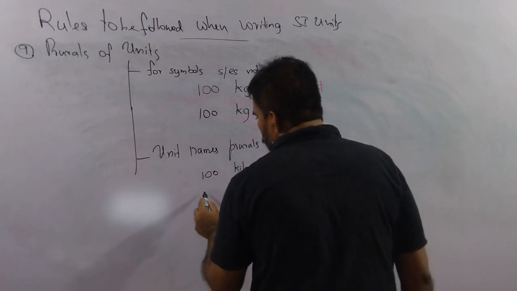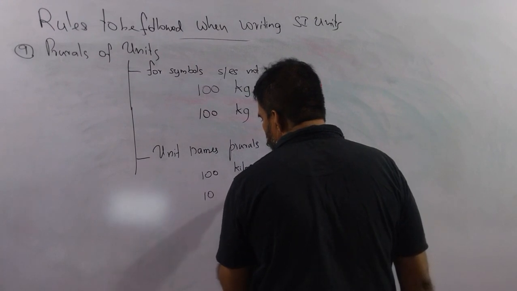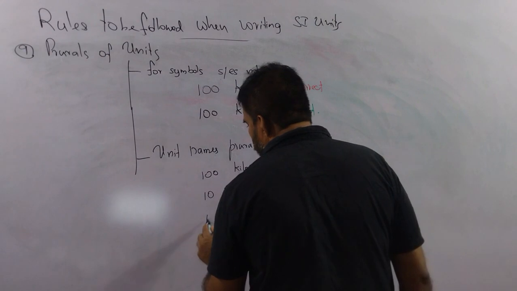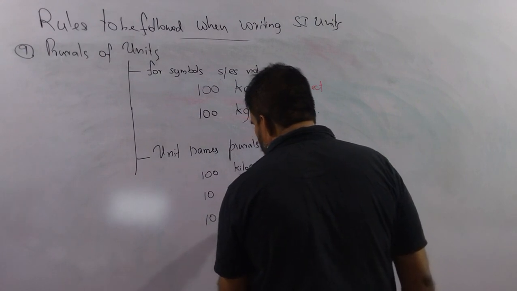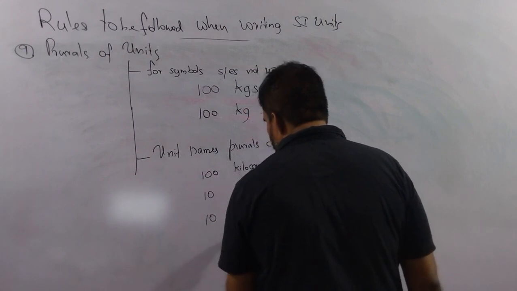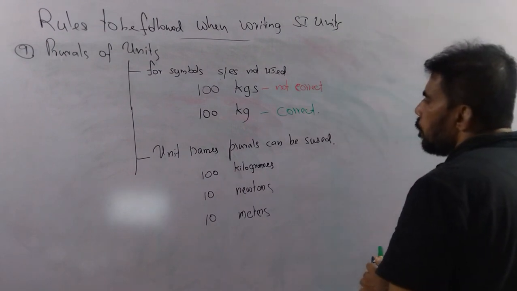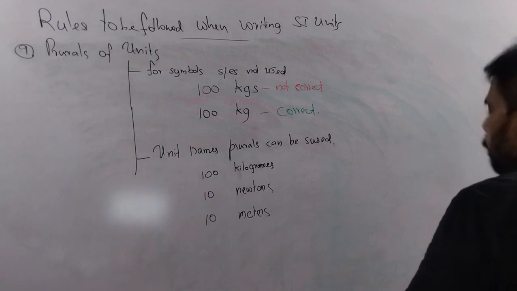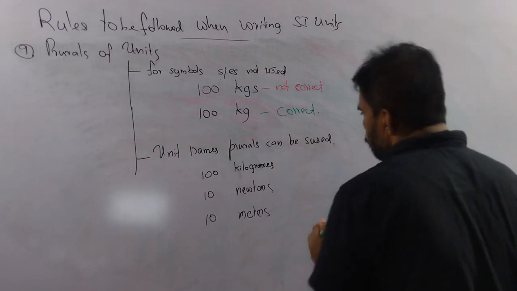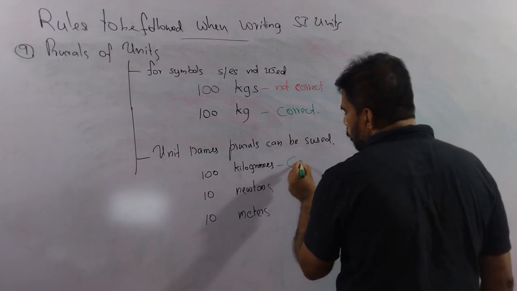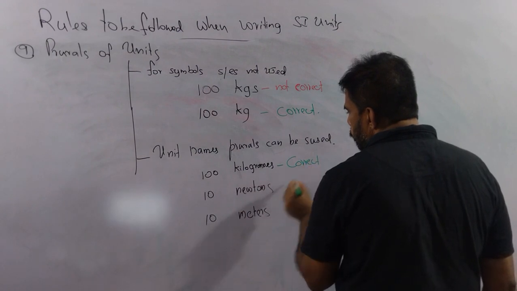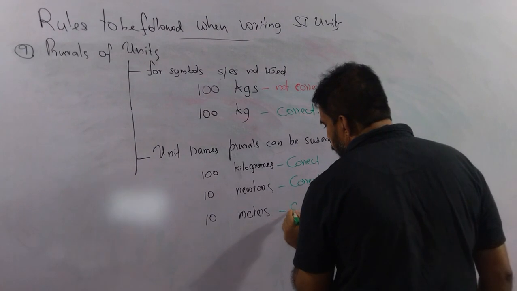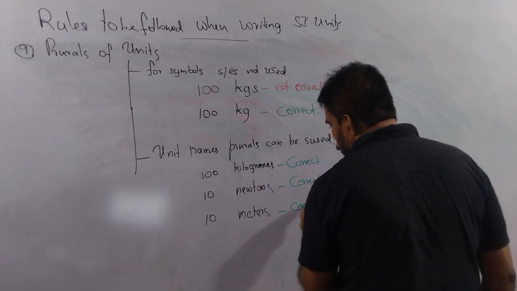So 100 newtons you can use. So 100 meters you can use. So here, plurals with unit names. This is correct. This is also correct. This is also correct. Right?